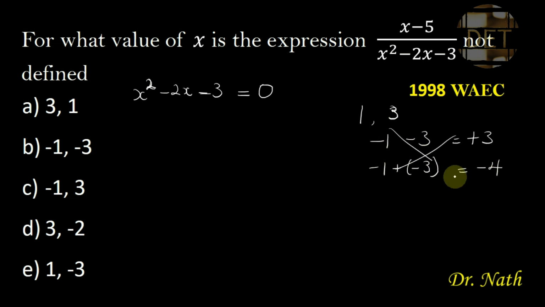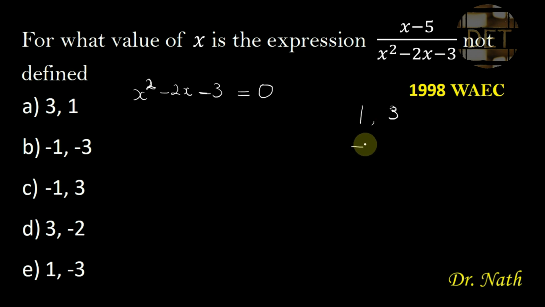So this is not the correct combination for this expression. Let's try -1 and 3. -1 times 3 gives you -3, which is correct. Then -1 plus 3 gives you +2, and we don't have +2 here, so this is a wrong combination for this expression.